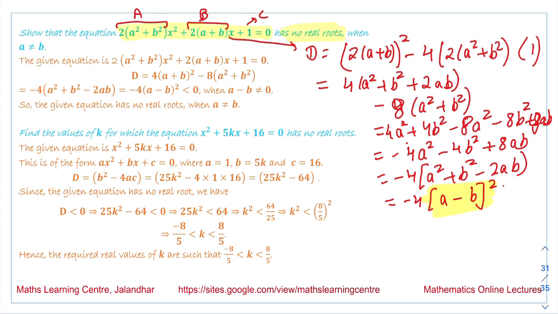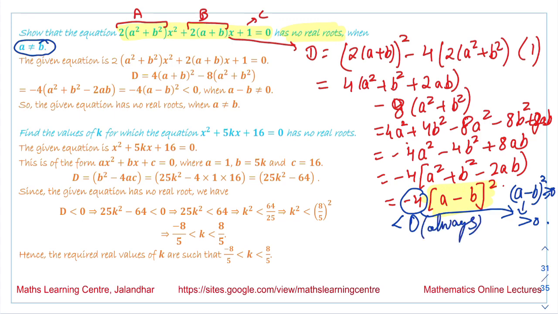Looking at this term, we are saying a minus b whole square is greater than or equal to 0. Now if a is not equal to b, it means this term is always greater than 0. When we multiply it with minus 4, this term is always less than 0.